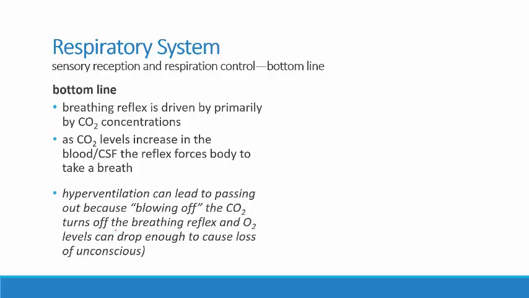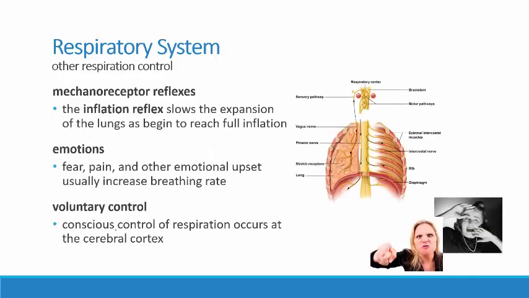So what other controls are there on respiration? There's the mechanoreceptor inflation reflex. As we breathe in, we reach a point where we can no longer expand the lungs, but it would still be possible for us to contract the external intercostal muscles.